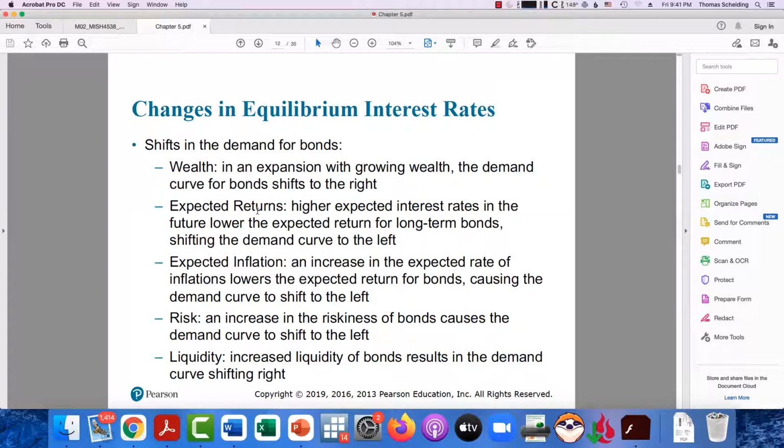As the expected return of an asset increases, then the demand for that asset increases as well. If people are expecting that the inflation rate is going to increase, then individuals are going to get less of a real rate of return, and that's going to cause the demand curve to shift to the left.